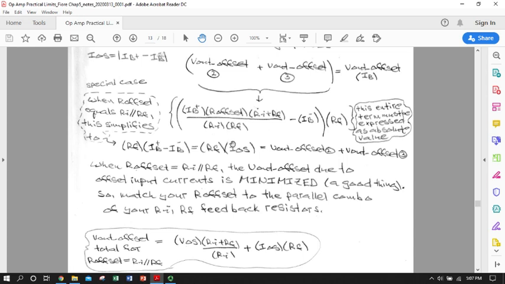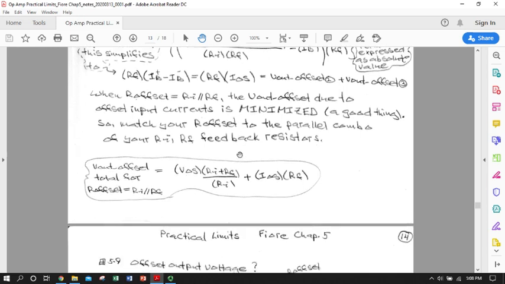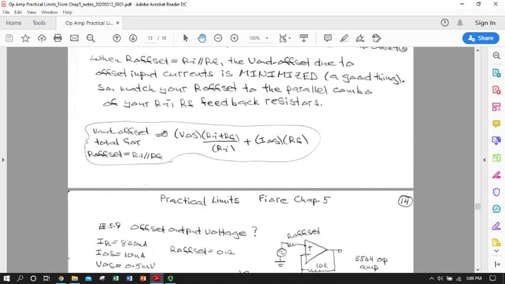So we say that if R offset is set as well as possible, such that we're minimizing this set of two terms as well as we can, we just replace this whole set of terms with RF times IOS, which is much, much smaller than IB. So we still gain ground in minimizing our total offset error.